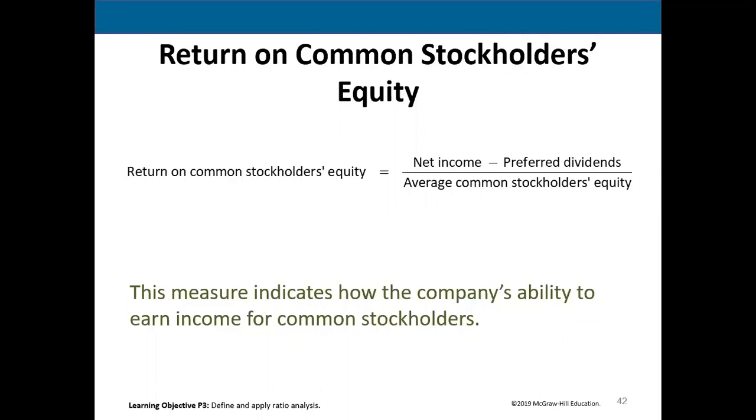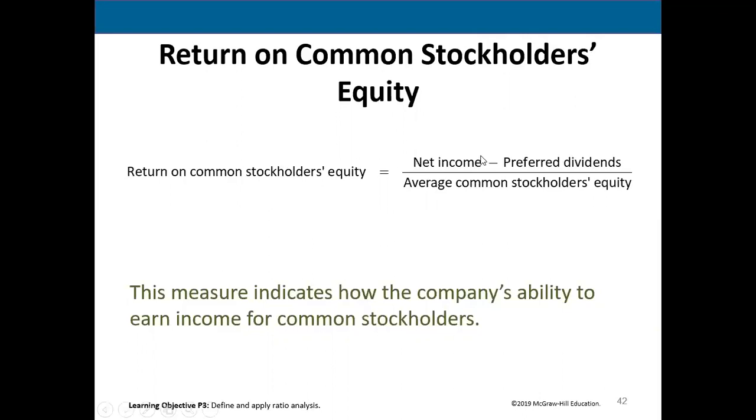So they already know theirs. Common stockholders, remember those cats? They get whatever's left over. So they don't really know how much profit is being generated using their money and how much they may be entitled to, percentage-wise. So that's what this ratio tells them.